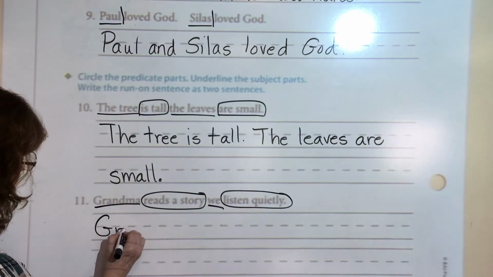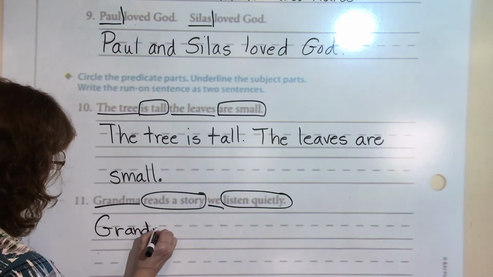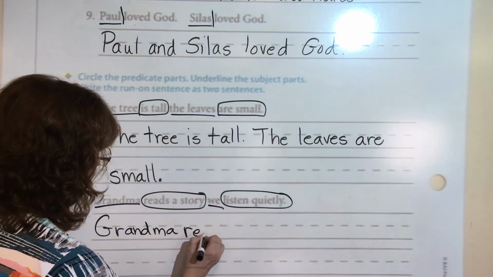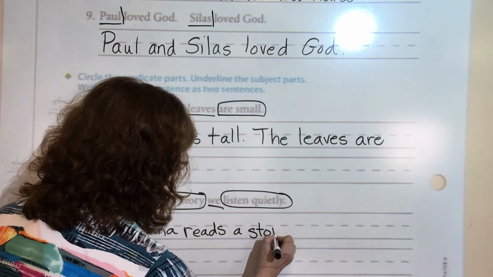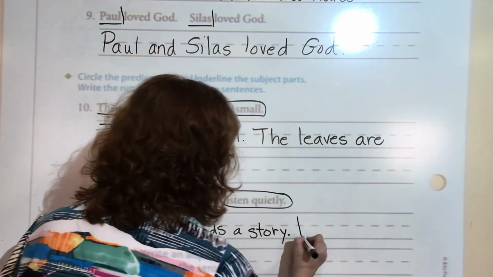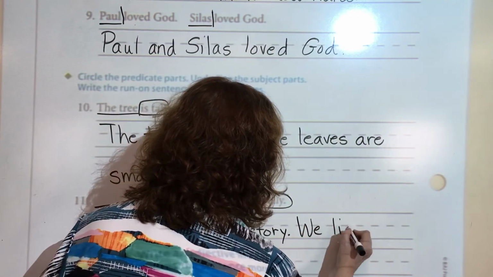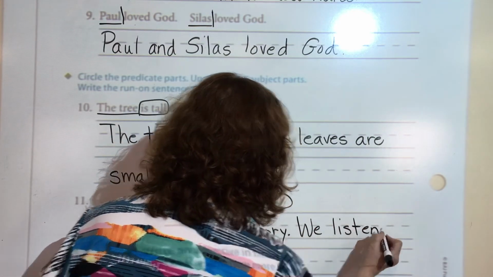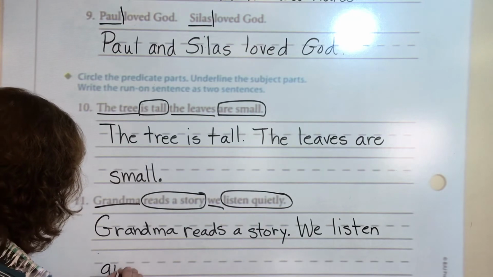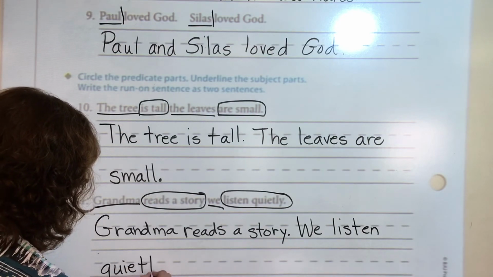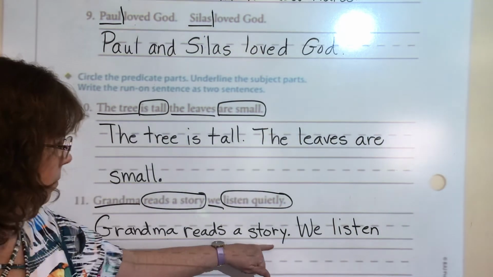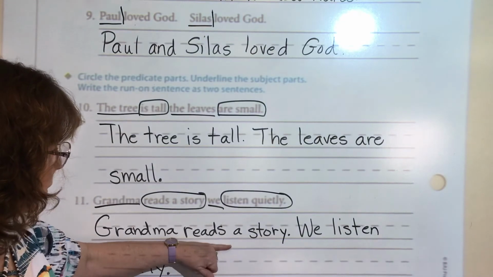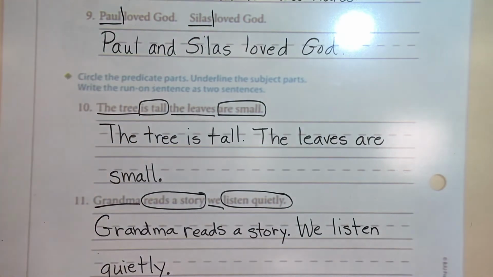So we're going to make those 2 separate sentences. Okay, Grandma reads a story. That's one idea, one thought. We listen quietly. That's the second thought.